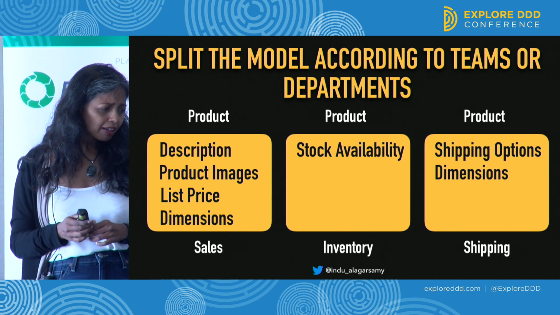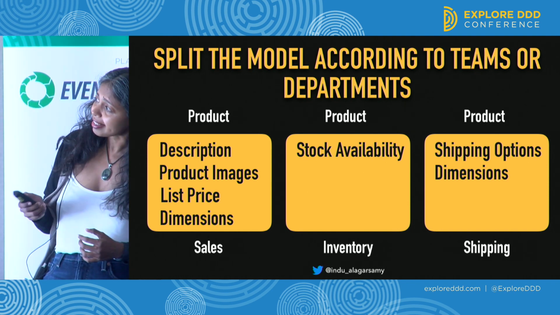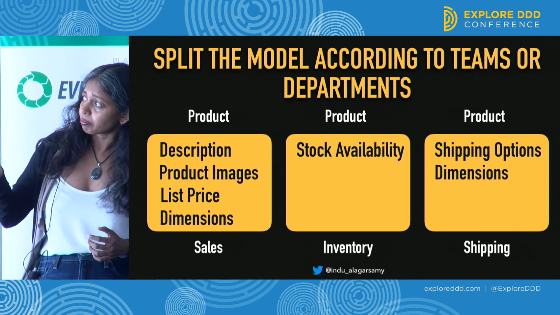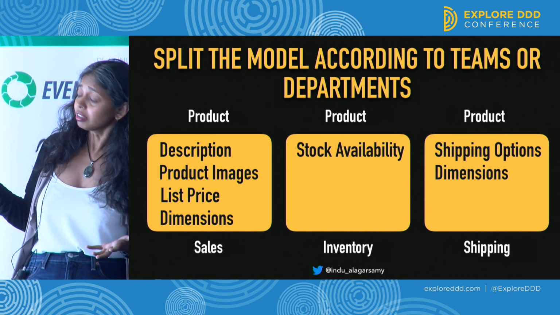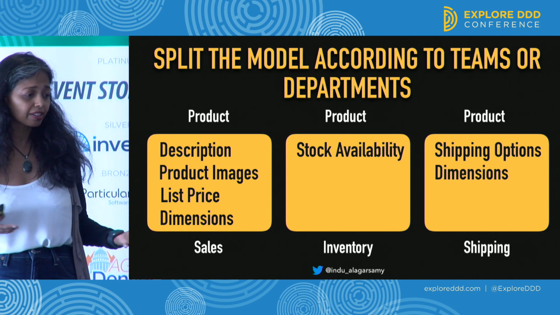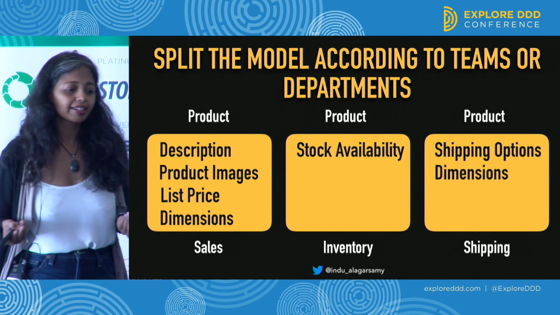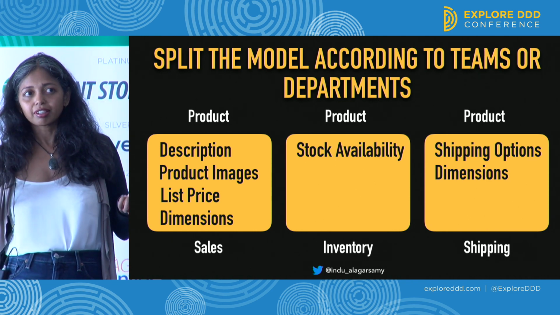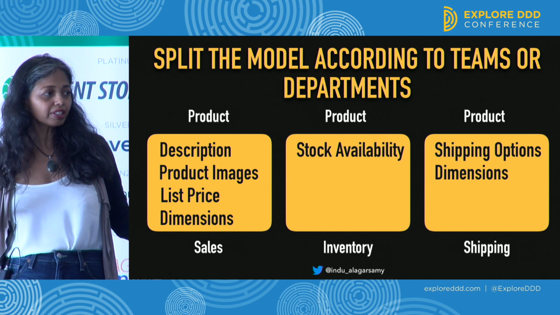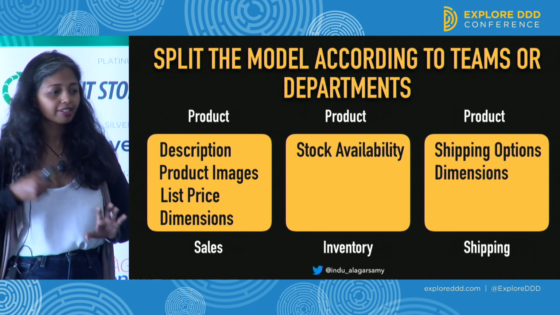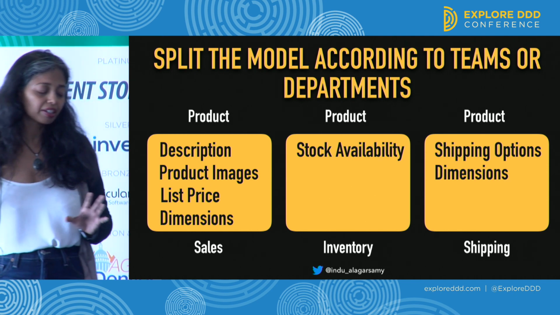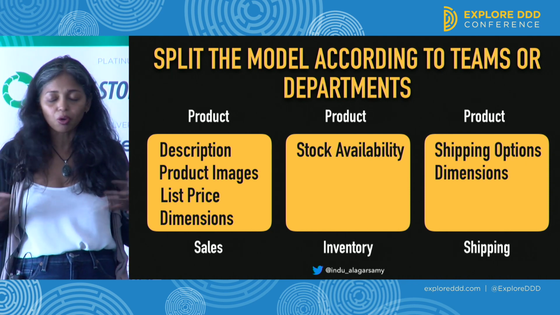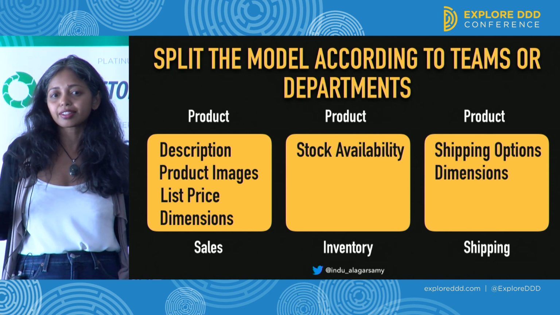So in this example, you've got product as the model, and different departments, sales and shipping. Even though it says dimensions, it can mean something completely different in sales versus in shipping or the other context, and that's okay.